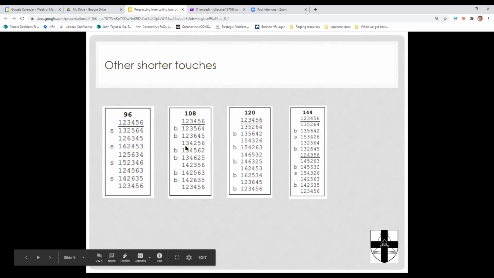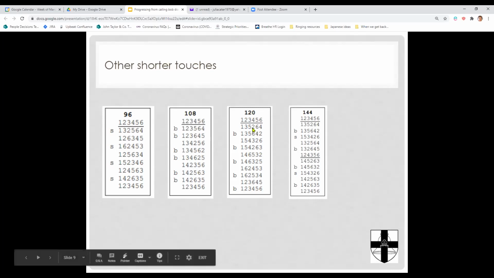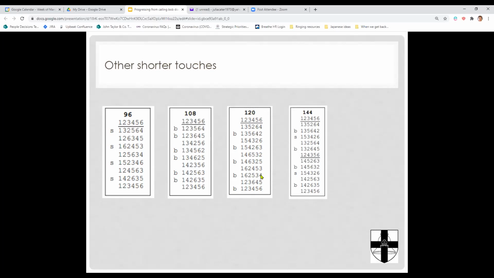Here's another one: bob, bob, plain, bob, bob, plain, bob, bob, plain. And again, I think you can rotate those around. It's a pattern of 3, so bob, bob, plain, so you can rotate them around in any order. And then you've got a 120 here, plain bob, plain bob, plain bob, plain bob. That's nice and easy. And we did that, didn't we, in plain bob doubles, because that created the 60.